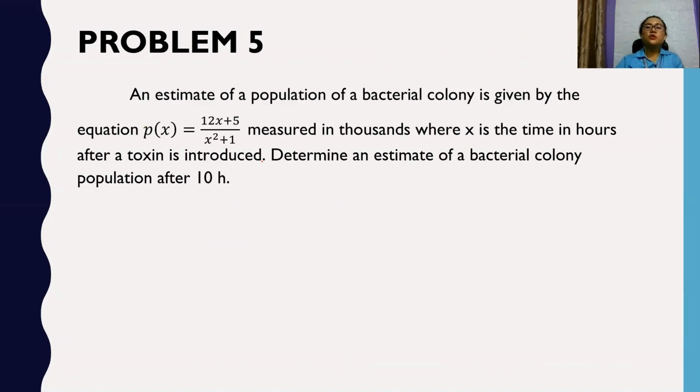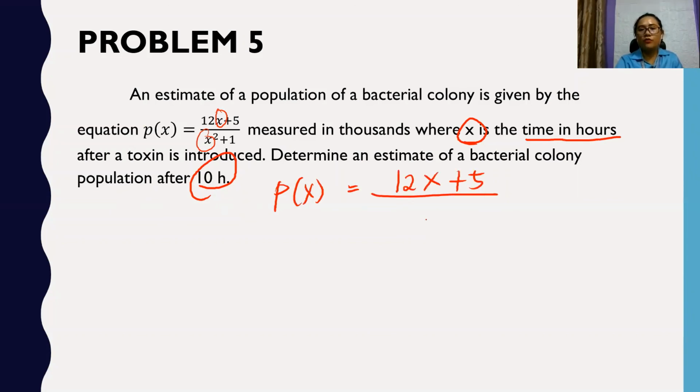To do this, you will just have to substitute 10 hours here sa x values ninyo because x is the time in hours. So, P of x is equal to 12x plus 5 over x squared plus 1.